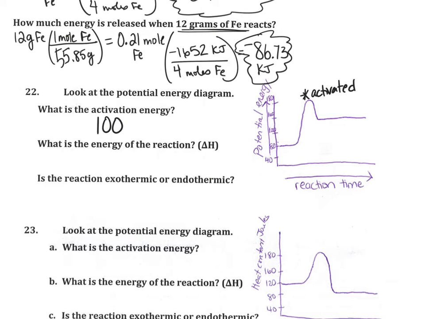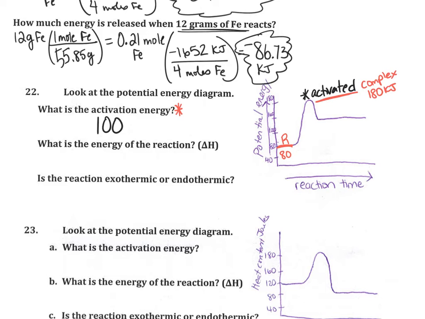Okay, so let's talk about potential energy diagrams next. First thing, I want you to remember this right here at 80 kilojoules is the potential energy of the reactants. The activated complex, it looks like has 180 kilojoules. So how did I get the activation energy?